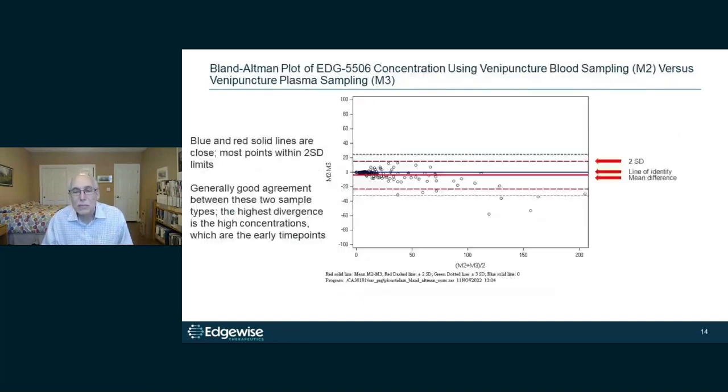But on Bland-Altman analysis, again, the blue line is identity. The red line is the mean difference. And those are very tight to each other. And you can see a vast majority of the samples are within the 2 standard deviations. Again, suggesting that these 2 methods can be used interchangeably for the data.